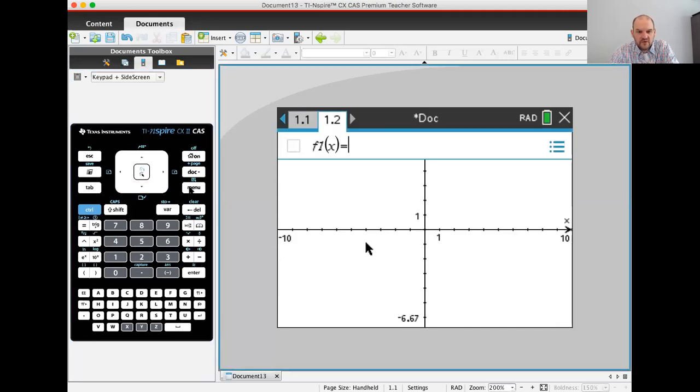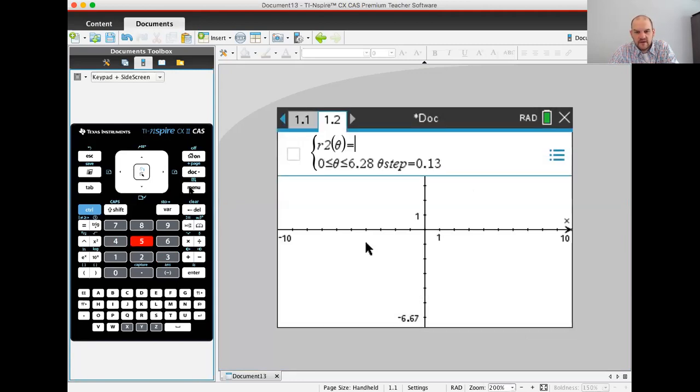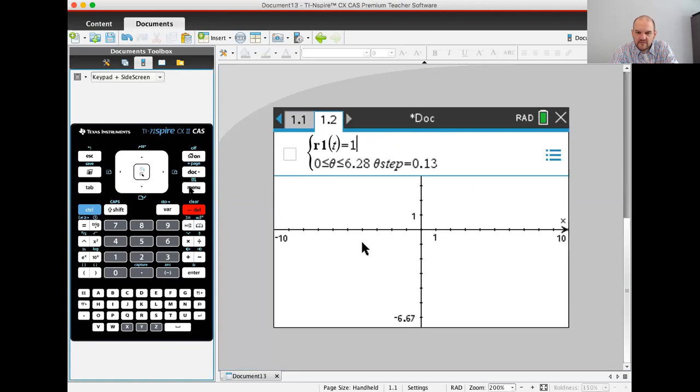Change this to polar, so menu 3, option 5 is polar. What's in R1? Oh, we already graphed this. I stored it as R1, I think. I don't know, doesn't matter. 2t, so notice use t for polar graphs, which is super convenient because theta is buried in the pi key, bizarrely.